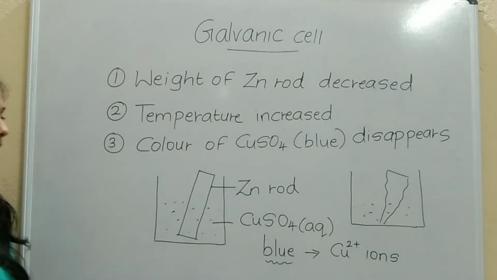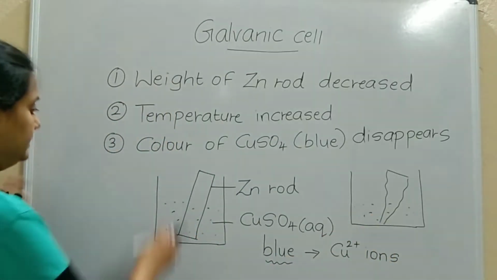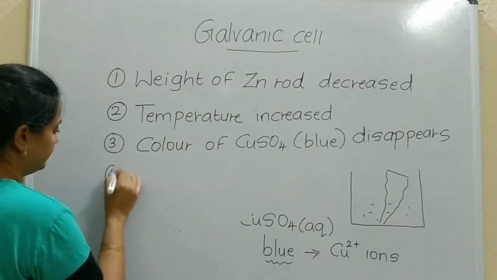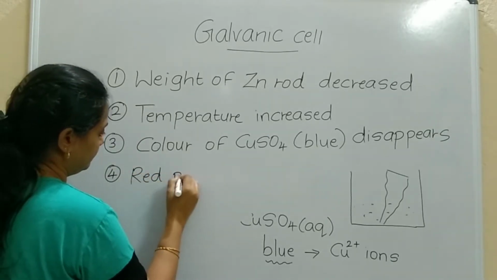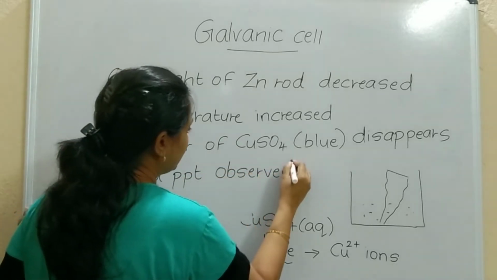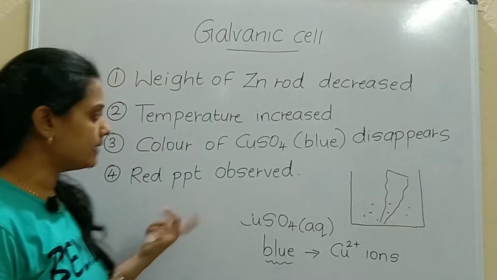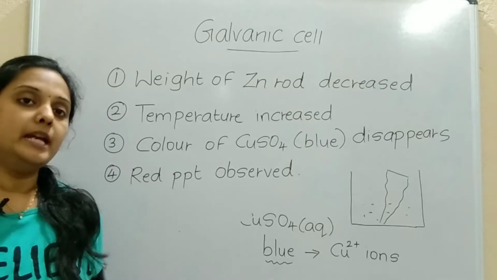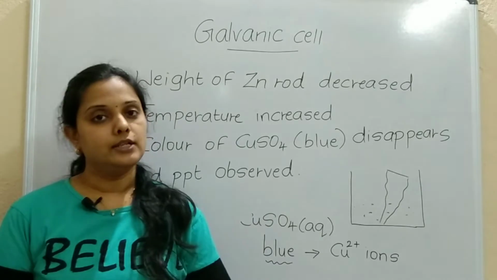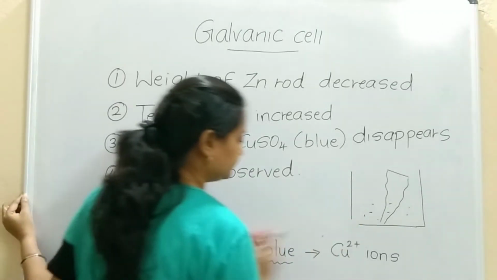And one more thing, some precipitate was observed. Red precipitate was observed onto the zinc rod. So these were the four observations made by the scientist when they immersed the zinc rod into copper sulfate solution. You can make a note of this.